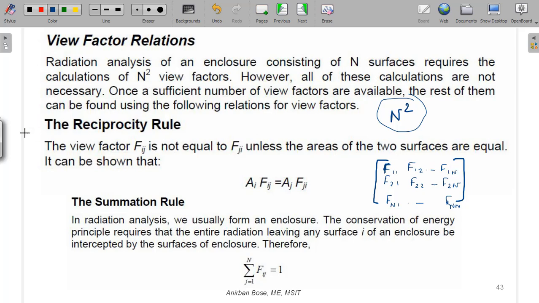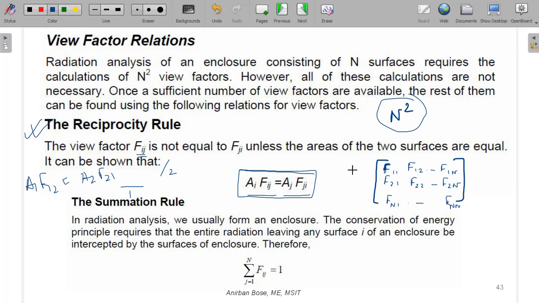For that we can make use of the reciprocity rule. Already we have seen what the reciprocity rule is, that for two surfaces 1 and 2, A1 F12 is equal to A2 F21. Similarly, for any two combination i and j, it is true that Ai Fij is equal to Aj Fji. Now the question is how many such equations you can form if there are n surfaces.